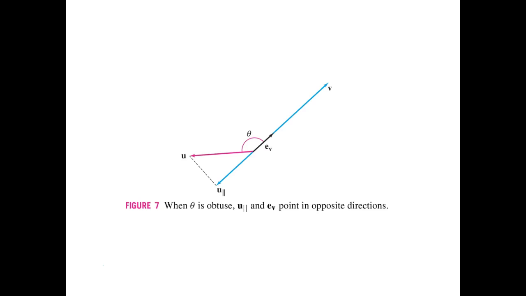Because if you go back to the former equation, if the angle between those two is obtuse, then we know that is a negative number. So the unit vector in the direction of V is pointing in that direction, but if that scalar quantity is negative, that flips it back in the opposite direction.